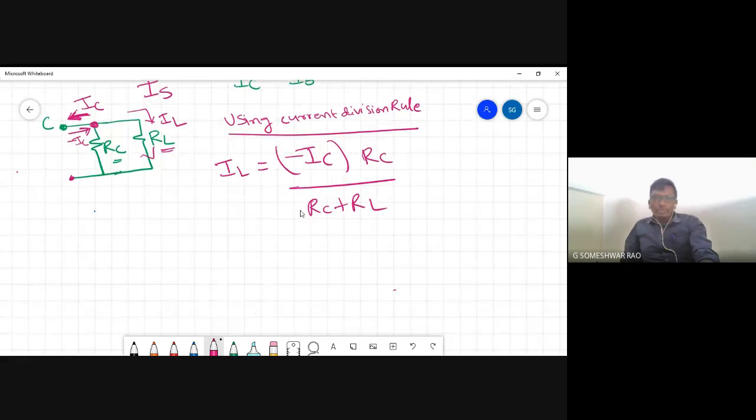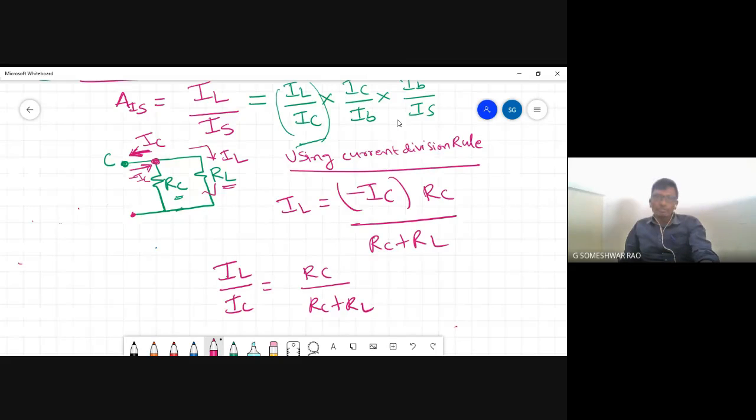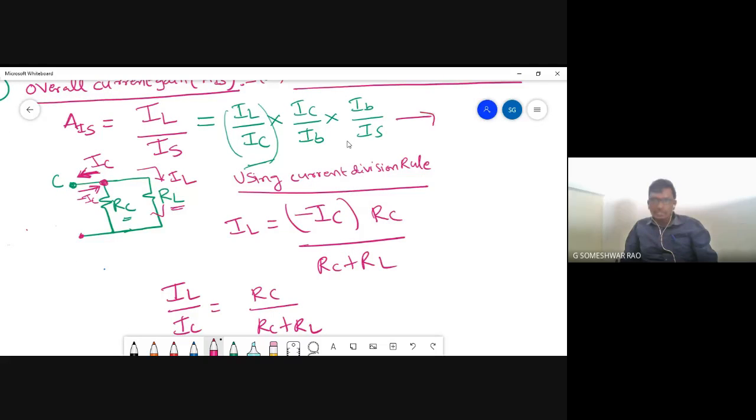Why are we doing all this? Look, there is a term IL by IC in the expression written in green above. From this, the IL by IC term comes out, right? Are you following? Yes, sir. Okay, so derive the expression for IL by IC. So IL by IC is equal to RC by RC plus RL. Let me give some equation number to the first one, equation 1.